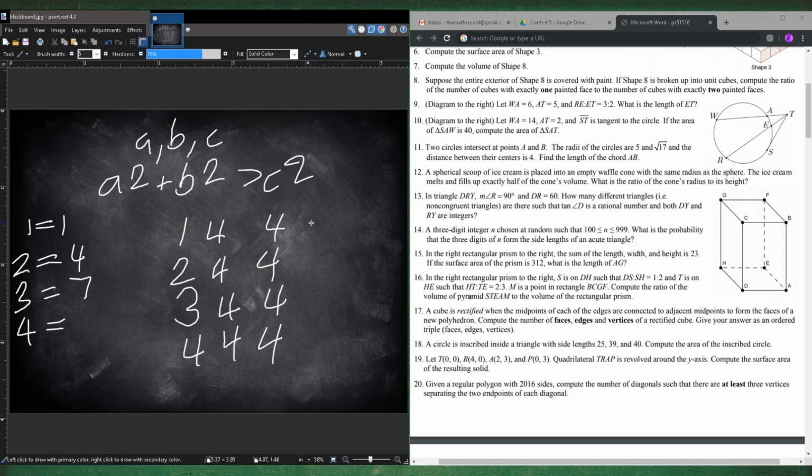If this was a 3 and that's a 4, that's 16 and that's 9, so that's 25. So for it to be greater than 16, you have to have a 3, so that's 9 and 9, that's 18.